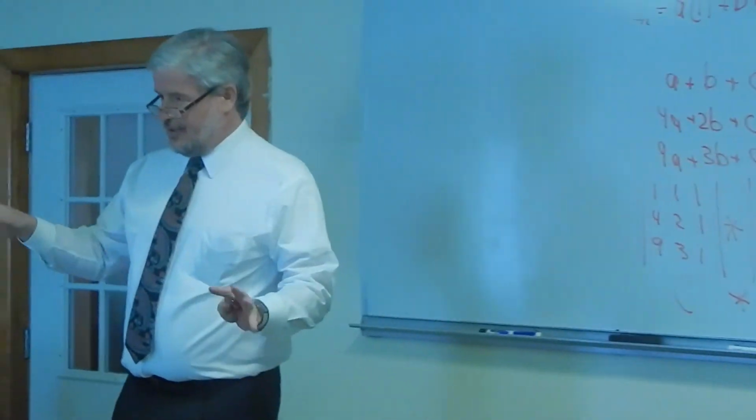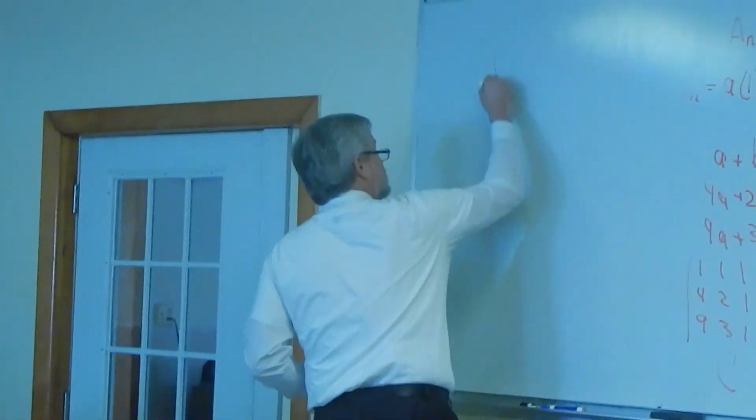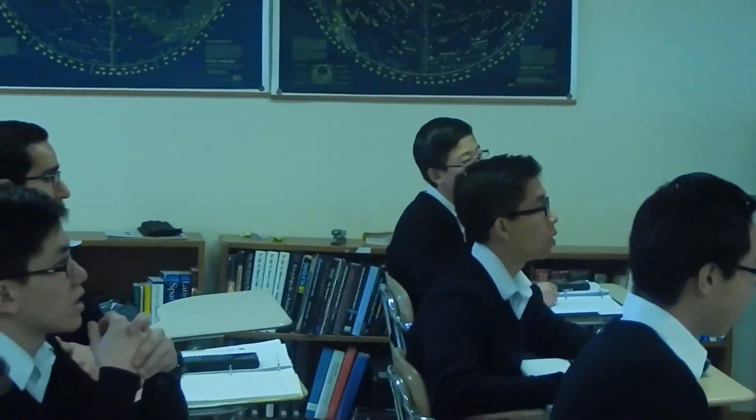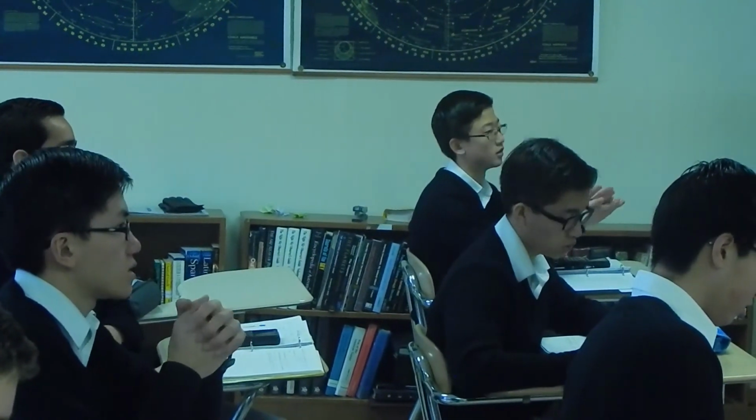Now, what did we prove about the variable matrix V? The variable matrix equals the inverse of the coefficient matrix times the solution matrix.